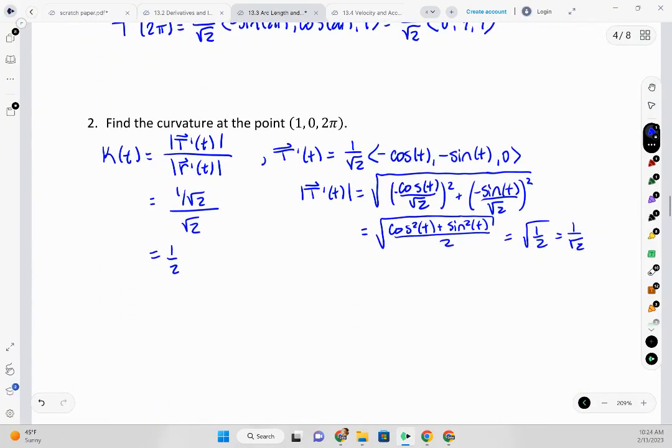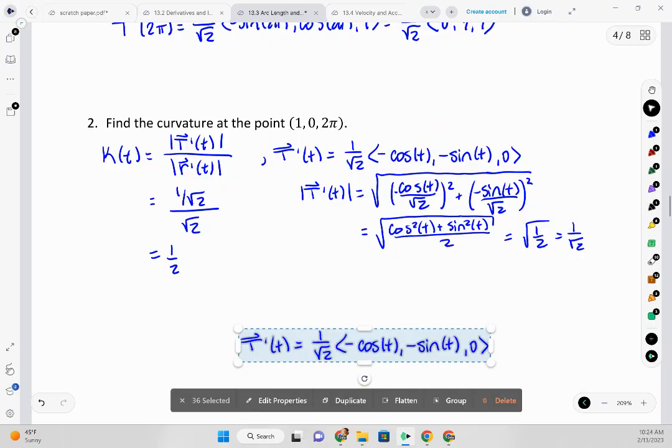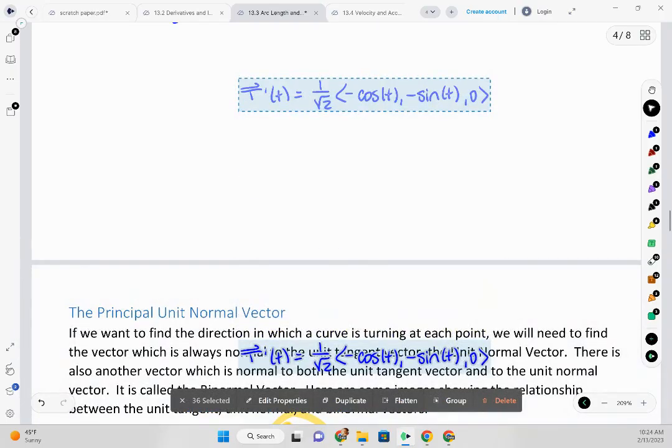T prime of t, here it is. I'm just going to duplicate that and drag it down.